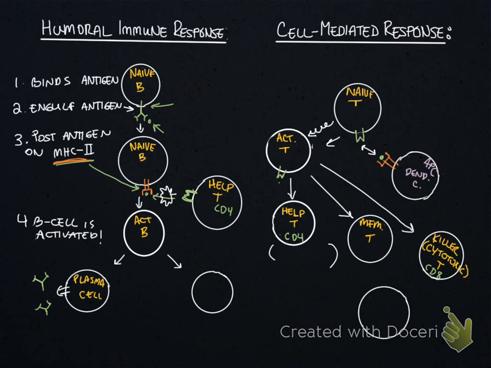So it churns out all these antibodies, about 1,000 per second, or thousands per second, so tons and tons of antibodies. It will also become a memory B cell that, of course, has that same specific antibody on it. So the next time we see the same antigen, we can mount this response a lot quicker and produce more plasma and memory cells without having to go through the same activation process.